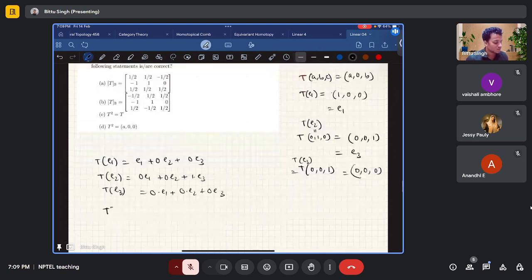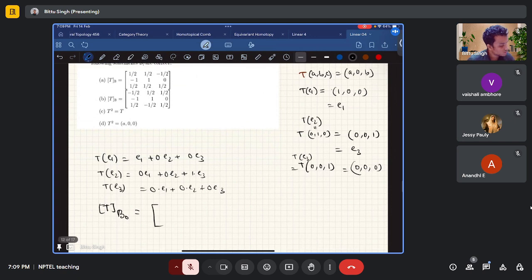Therefore the matrix representation of T with respect to the old basis B0 is just put those entries in columns. For example, the first entry is this, so we put it in the first column. The second entry is this coefficient, so we put the coefficient in the second column.